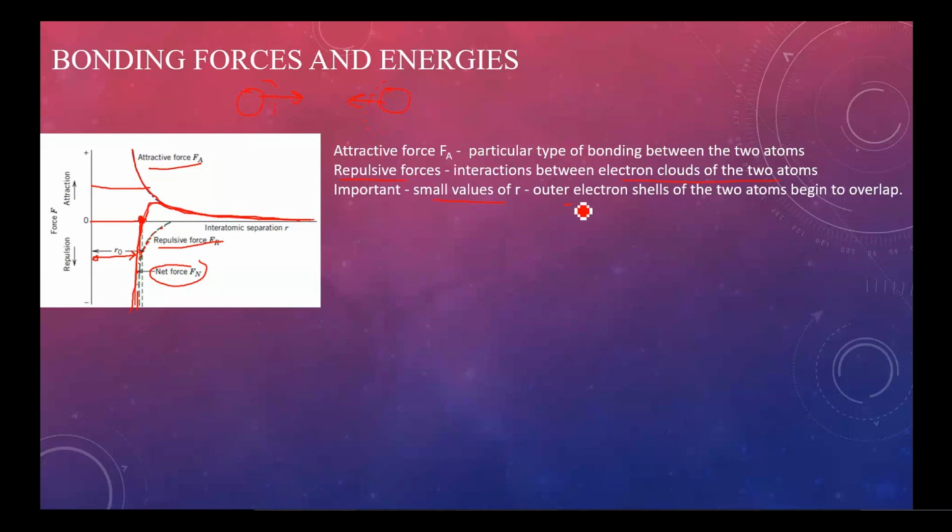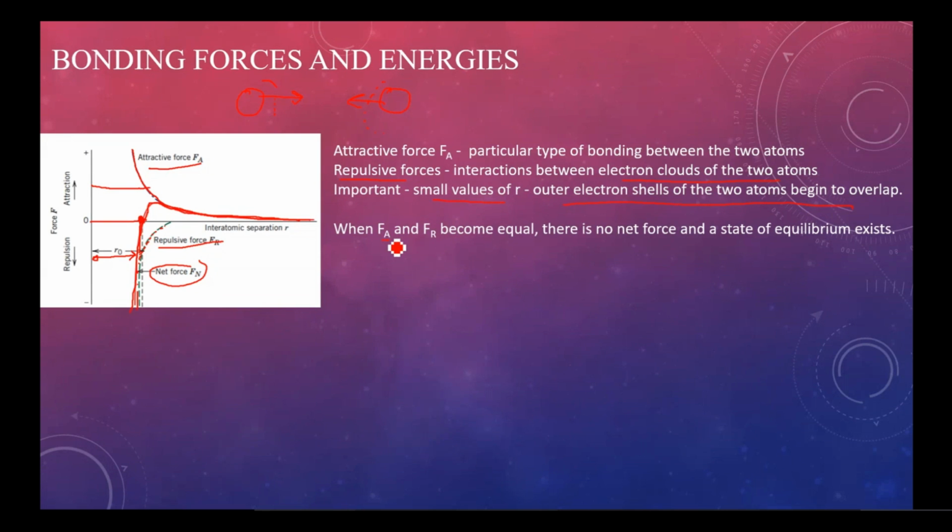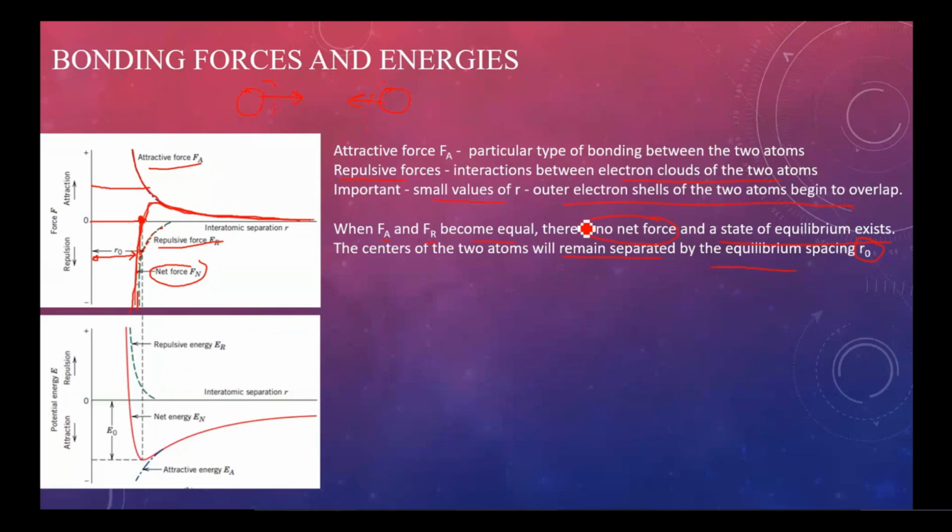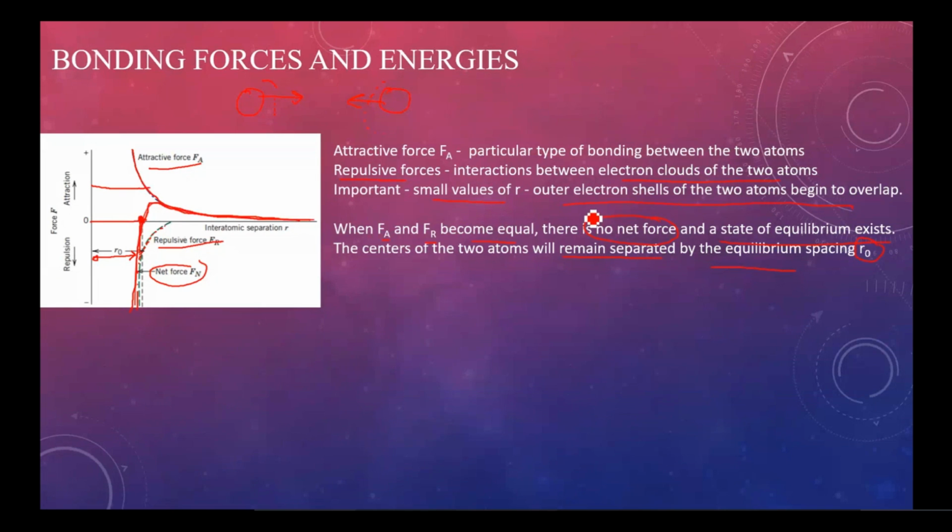At small values of r, the outer electron shells of the two atoms begin to overlap, and when Fa, the attractive force, and the repulsive force become equal, there is no net force acting on the system and a state of equilibrium exists. At this state, the centers of the two atoms remain separated by an equilibrium spacing known as r naught, or the bond length, the distance at which the bond is formed between these two atoms.